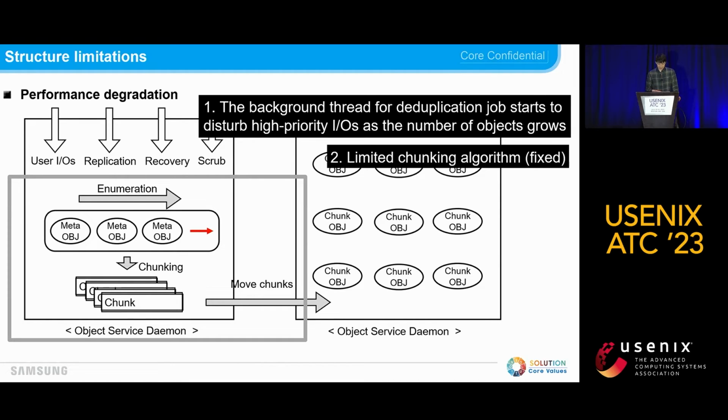This is because it holds object group level locks for a long time to protect system consistency. On top of that, Ceph only provides a fixed-size chunking algorithm. This algorithm is not always the best way for data reduction because of the boundary shift problem.